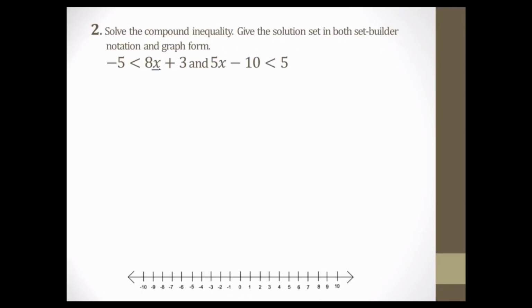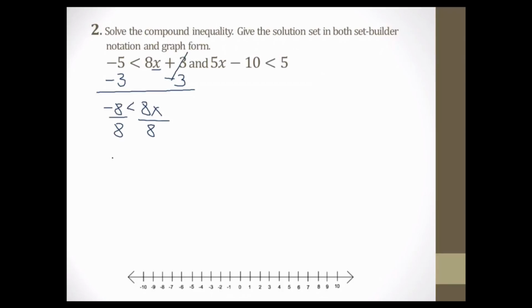Basically we are solving for x, so I'm going to move the 3 first by subtracting 3 from both sides. And negative 5 minus 3 gives me negative 8. And then I have 8x left, and this became 0. My last step to get x by itself is dividing by 8 on both sides.